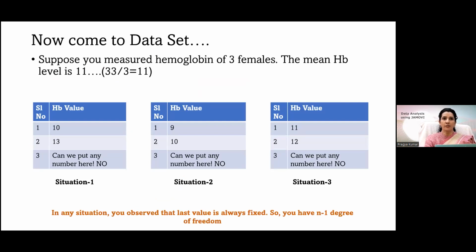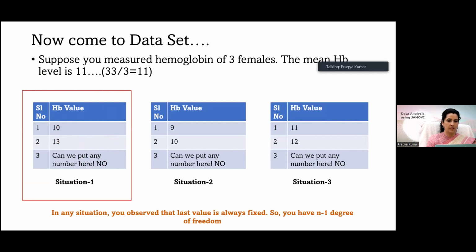Suppose you have measured hemoglobin for 3 females and you know that the mean hemoglobin level is 11. So you have got these 3 situations. Focus now on situation 1. The first female has got a value of 10.